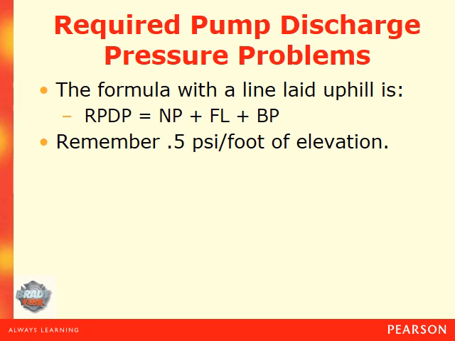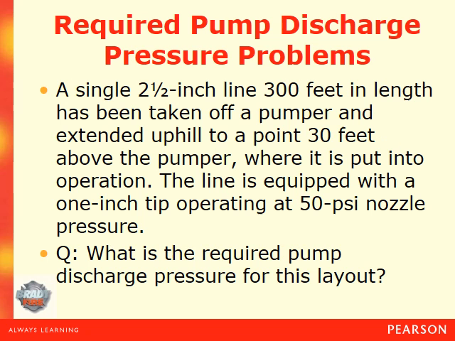So our formula for a line laid uphill is nozzle pressure plus friction loss plus back pressure. Remember, we get 0.5 psi per foot of elevation. So let's look at our next problem.